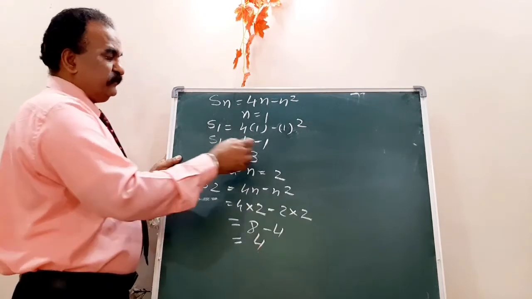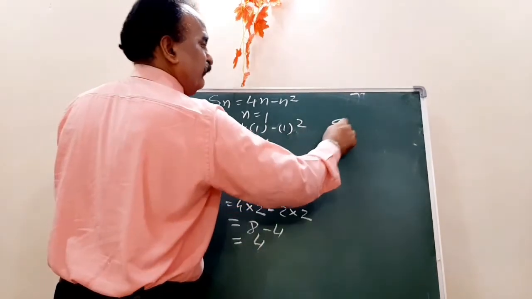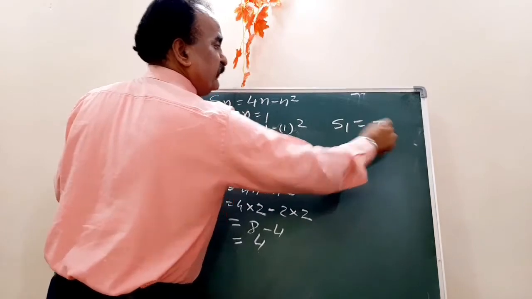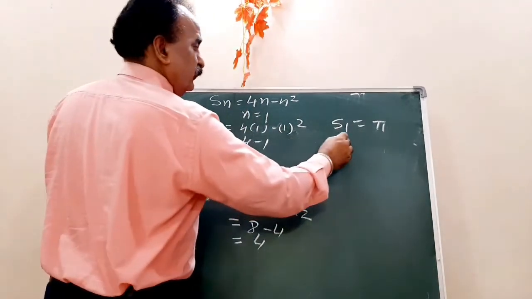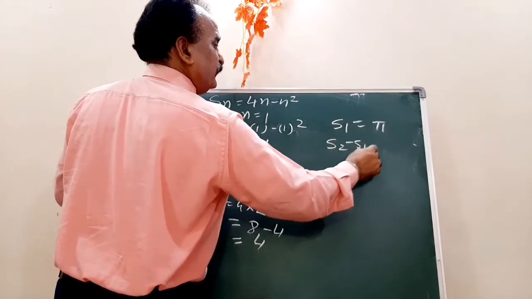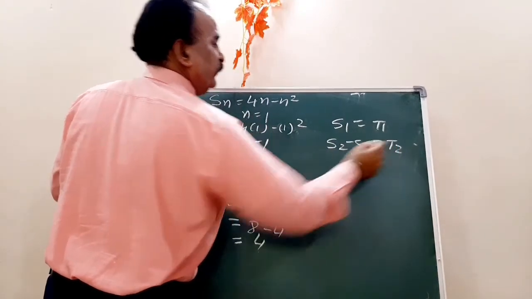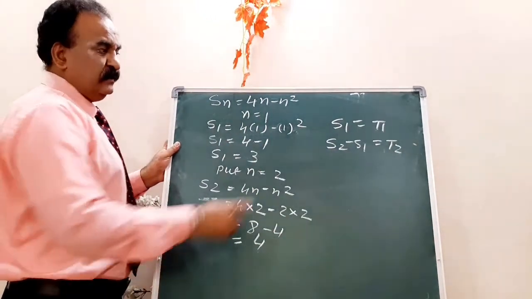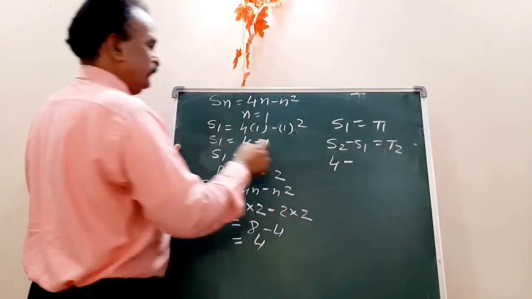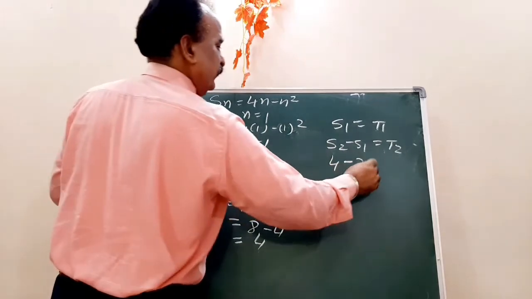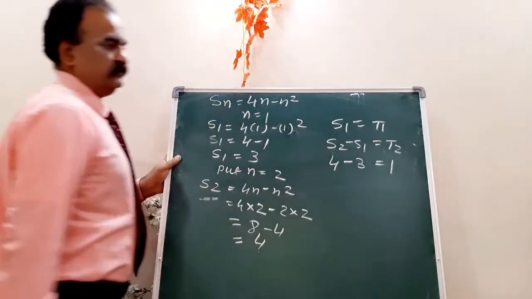So S1 is equal to T1, the first term. And when you have to find T2, S2 minus S1 is equal to T2. S2 means 4 minus S1 which is 3, is equal to 1.